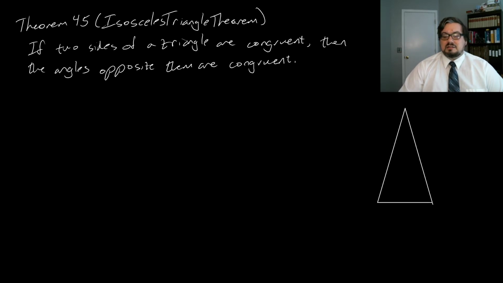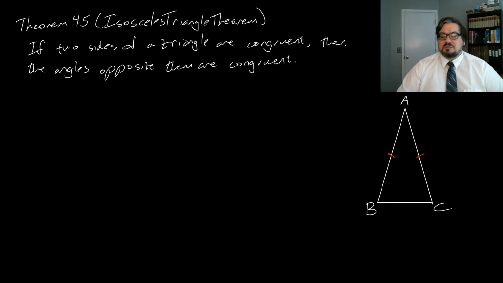Let's take an isosceles triangle here. And while we're not going to use this picture in the proof, we are going to use it to try to organize our thoughts. So let's think about how we might prove this. We've got this triangle here, and what we're told is that two of the sides are congruent to one another.